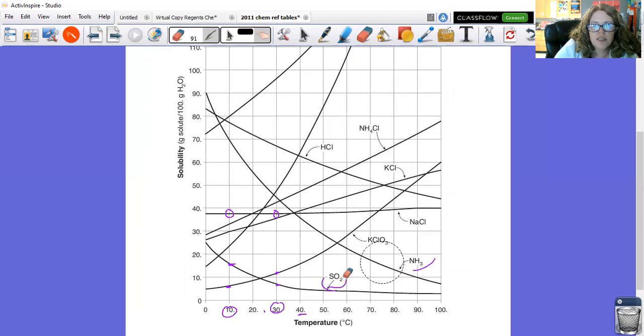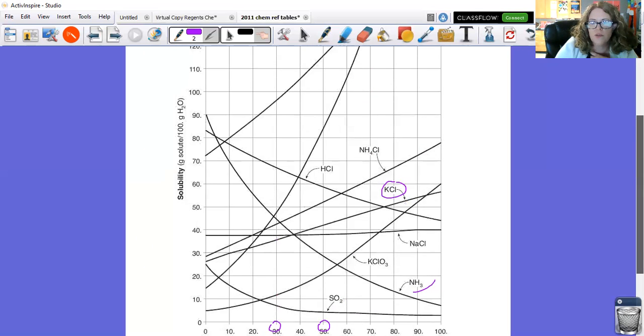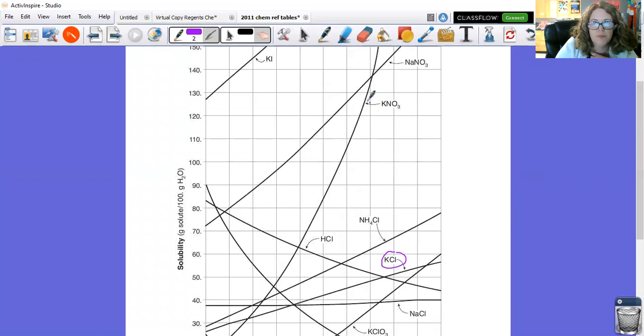Let's take a look at what our other ones are here. Potassium chloride is here, and we're looking between 30 and 50 degrees. Potassium chloride, KNO3, which is this one right up here.